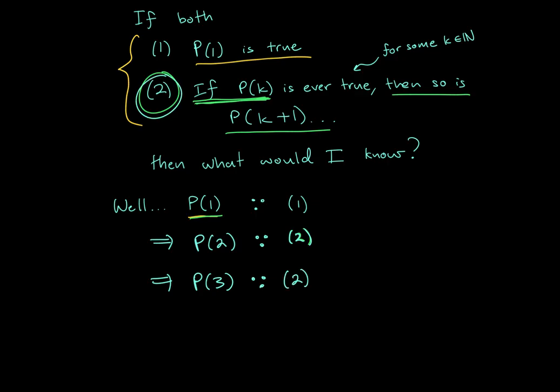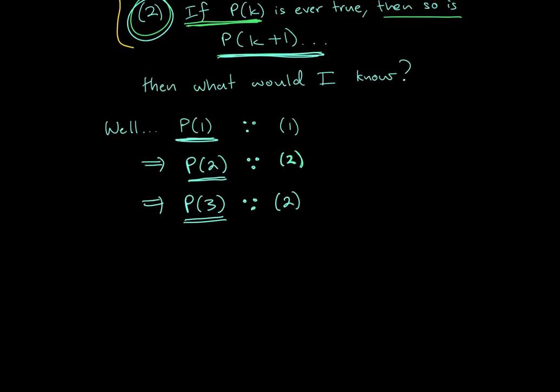If I know that this proposition is true for any natural number, then I know that it's also true for the next natural number. And since I've shown that it's true for the first natural number, I automatically know it's true for the next one. And since I know that it's true for the next natural number, I know that it's true for the one following that. And this would continue. In fact, it would never stop.